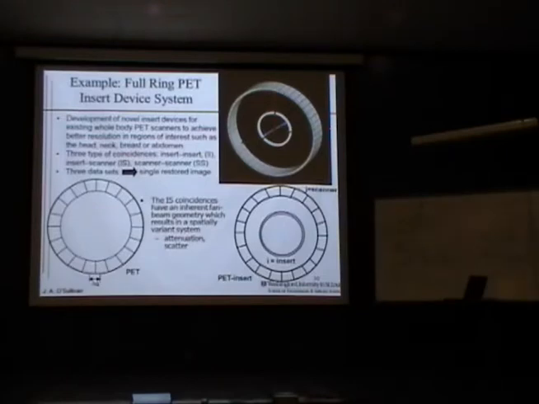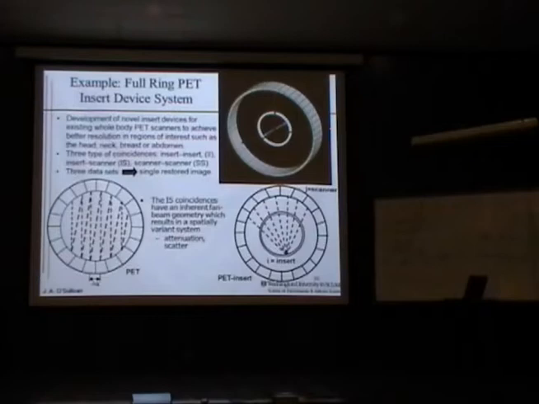Now, the insert-to-scanner coincidences have a different geometry than the regular PET. In the regular PET, we have this parallel geometry, let's say, from source to detector, and it's turning, whereas in the insert geometry, we have this fanning out, and there is attenuation and scattering that takes place, which results in a spatially variant system, okay, whereas if you don't have the insert, you have a spatially invariant system.